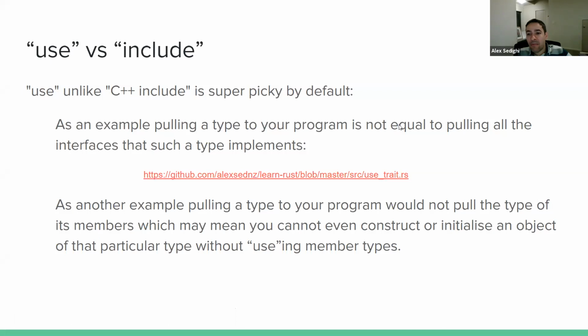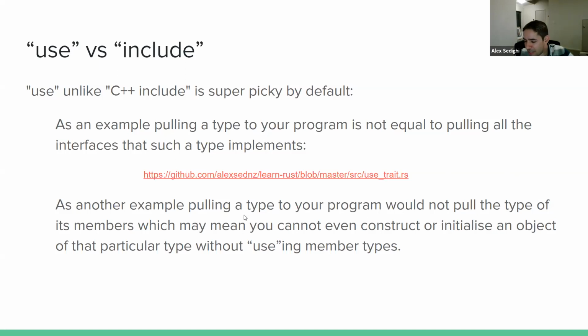One of the things that would probably waste a little bit of your time is coming across errors from pulling in a type by using use, but not pulling the trait that this type is implementing, and you actually need that trait.